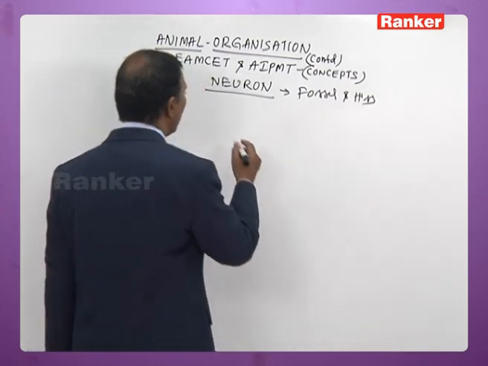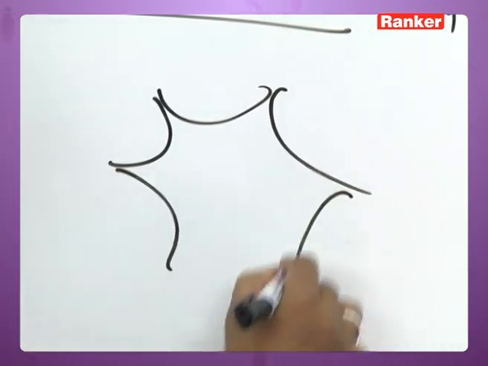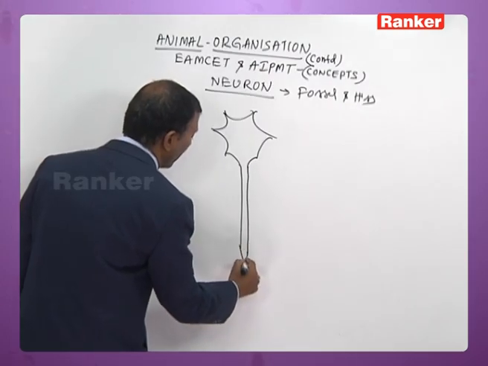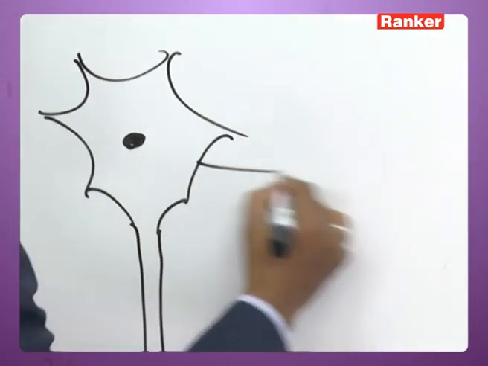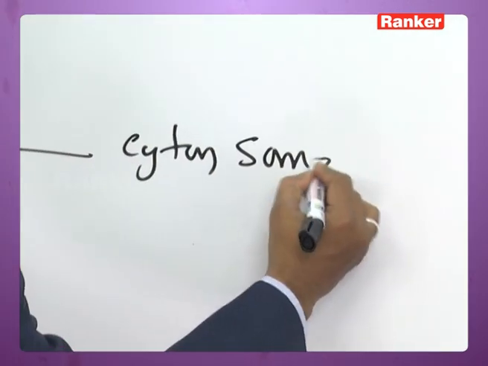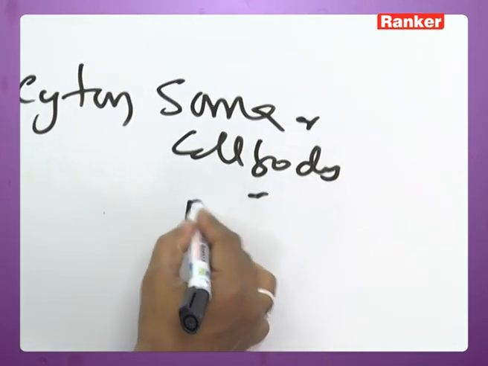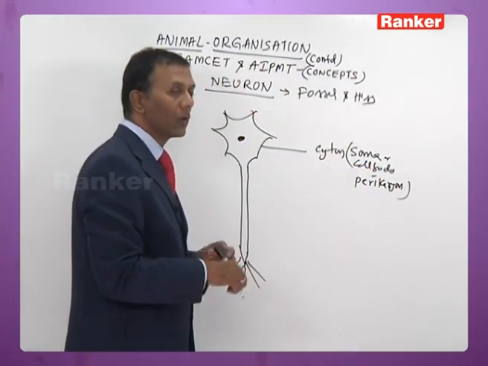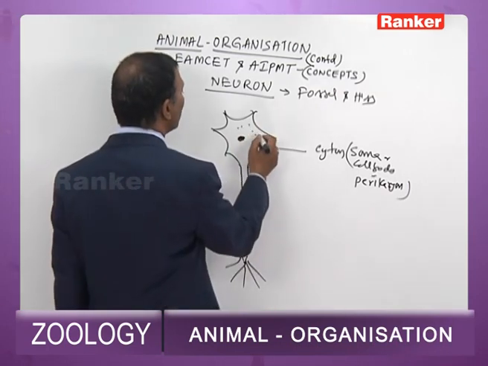Now the neuron consists of a structure called cyton. Cyton is also called soma, cell body or perikaryon. Cyton is filled with cytoplasm.